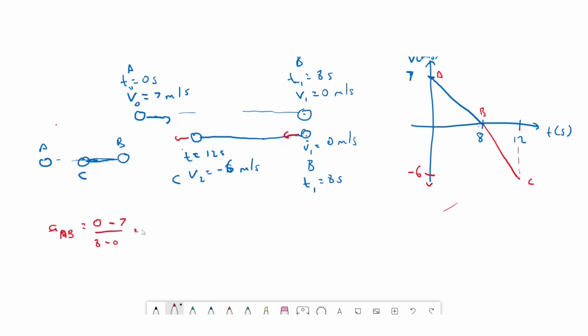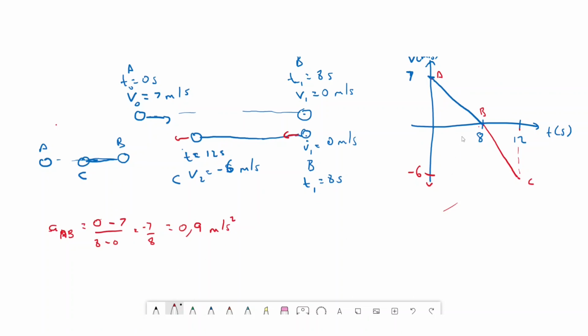So this is -7 over 8, which is close to 1. 7 divided by 8 is 0.9. So it's 0.9 meters per second squared.